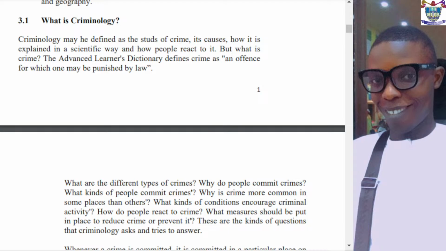If you hear somebody is a prostitute or somebody commits abortion, there is a way that you will react towards it. That is another thing that criminology studies: how do we react to crime situations?